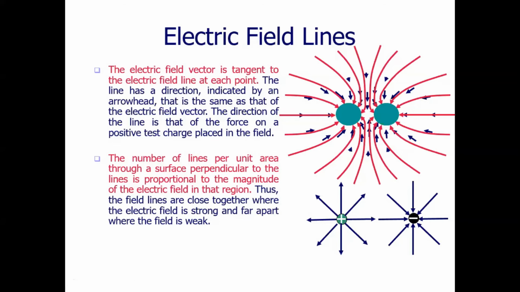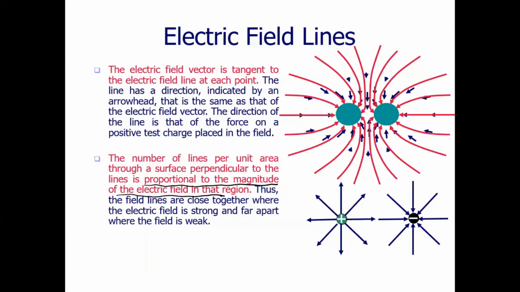The next property is that the number of lines per unit area through a surface perpendicular to the lines is proportional to the magnitude of the electric field.